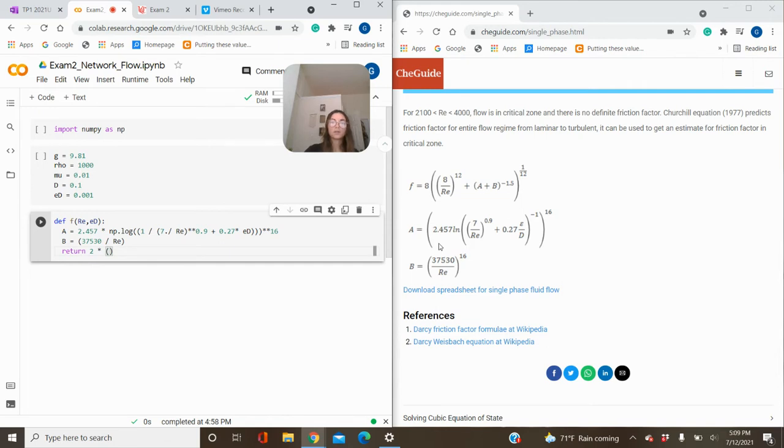I think it's going to do 1. Wait a second. No. Yeah. 8 over the Reynolds number raised to the 12th power plus 1 over A plus B, just to get that negative out of there.